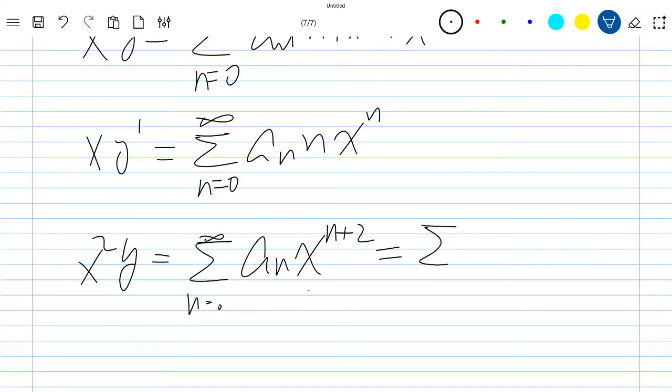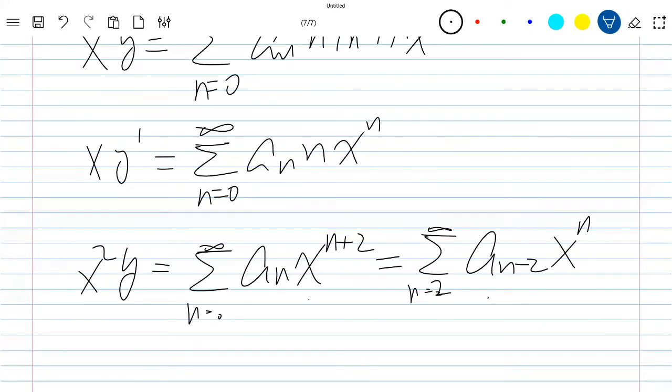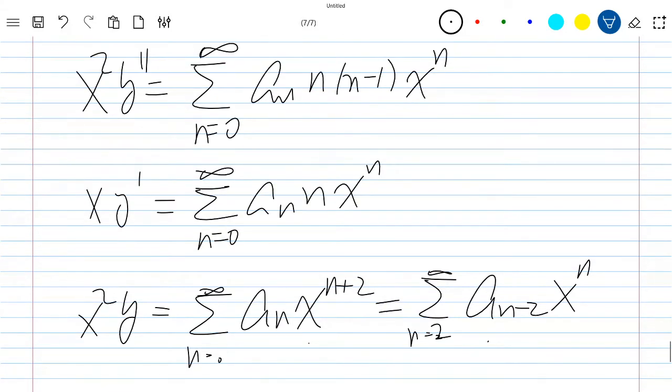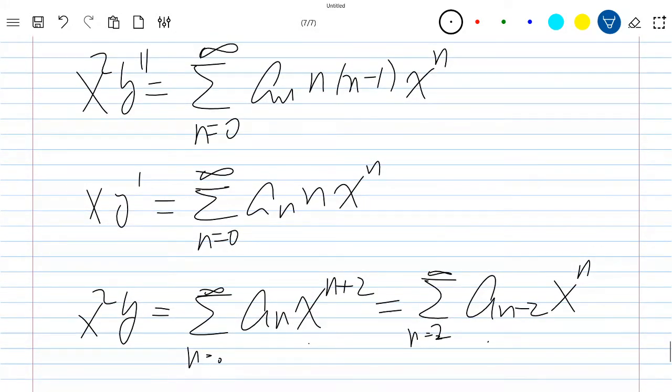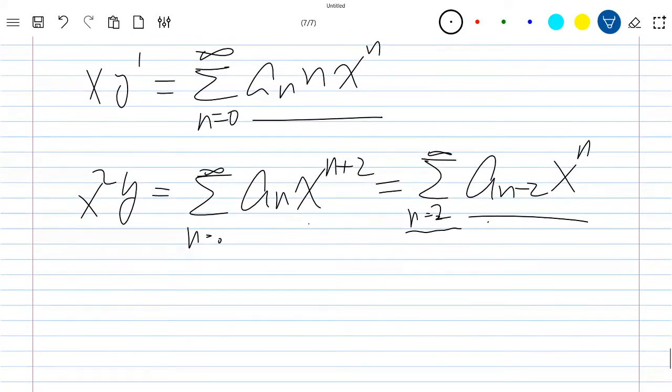You have to replace n by n minus 2, right? Then it's n equals 2 to infinity. Okay, now let's add them up. If you add them up, you will see you have this plus that, and then this, and also this starts from 2. So you will have the sum starting from 2.